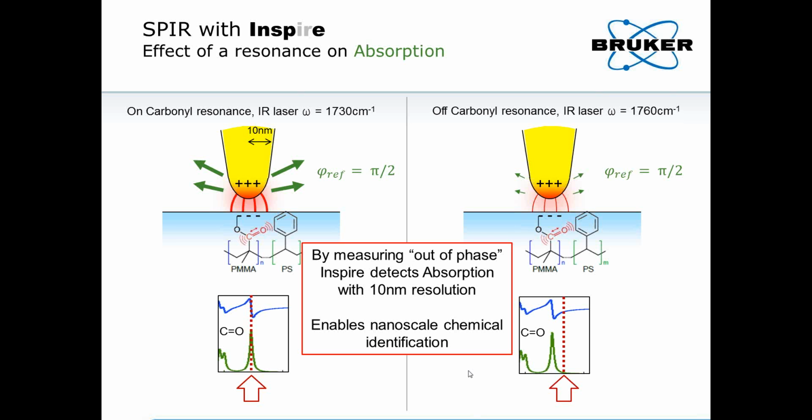And this capability enables nanoscale chemical identification, because polystyrene, as shown here in this diagram, does not have a carbonyl resonance. So as the sample is scanned to the left, let's say, the polystyrene region would not have any detectable signal in this pi/2 channel, or the absorption channel.